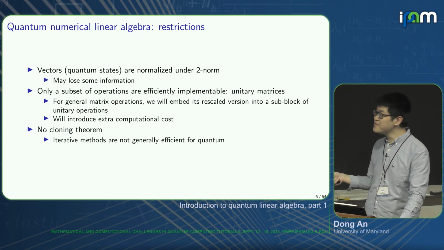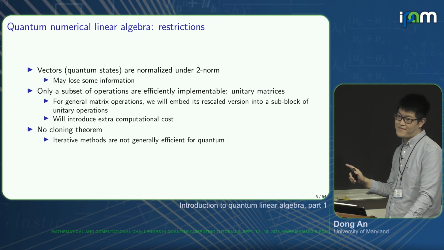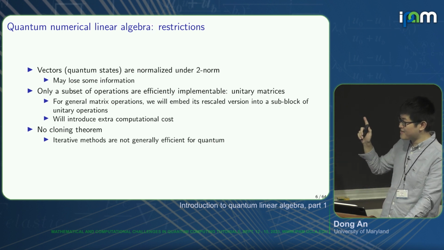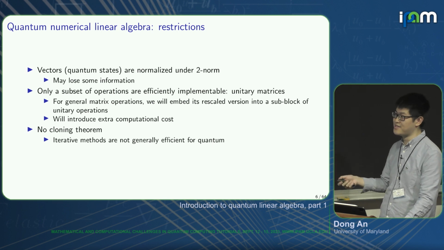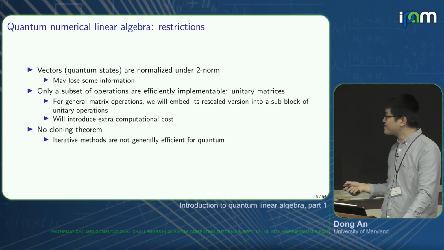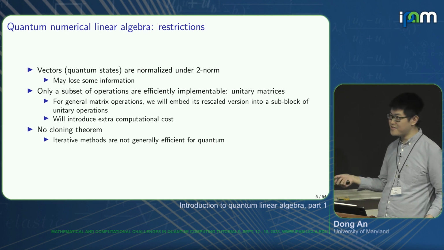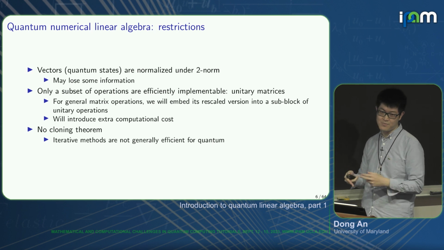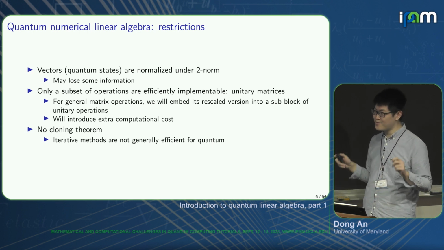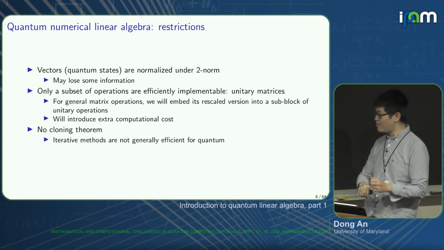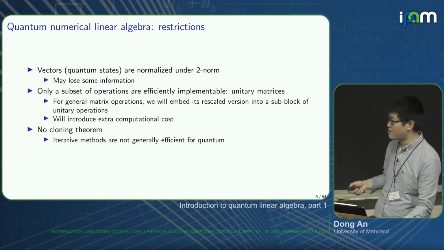And even for unitary matrices, not all of them are efficiently implementable. Only a further subset of the unitary matrices are efficient on certain quantum devices. So we have a very hard restriction, and we want to explore whether we can still do something meaningful and interesting with this subset of operations.